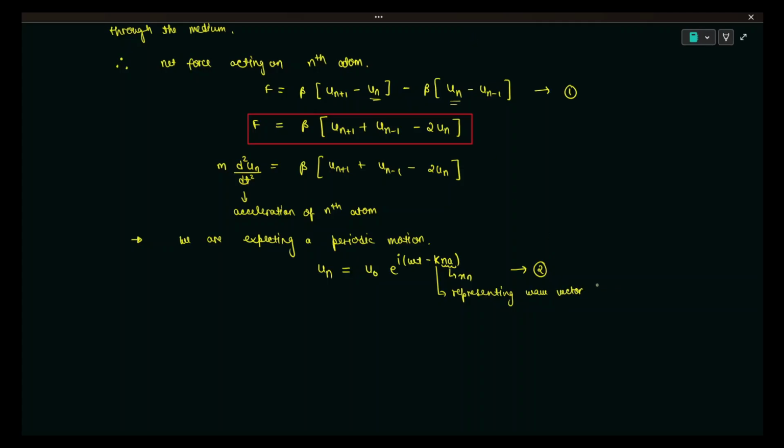Wave vector equal to 2 pi by lambda. And omega is representing the angular frequency of vibration.